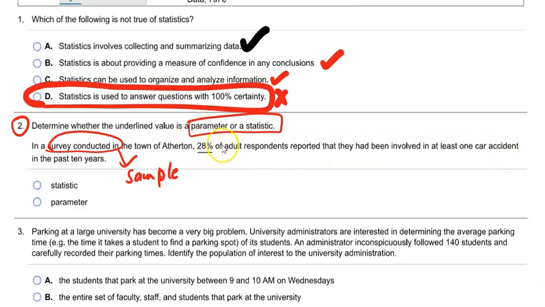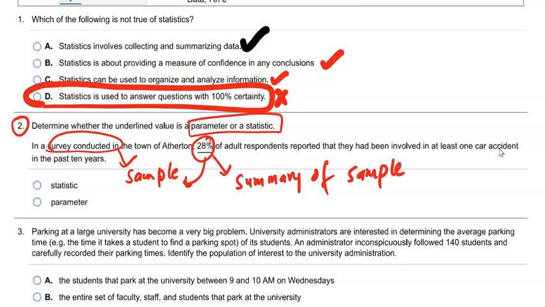So 28% of this sample. Of how many, we don't know, but 28% of that sample says they were involved in at least one car accident. So 28% is a numerical summary of a sample. So this is called a statistic.